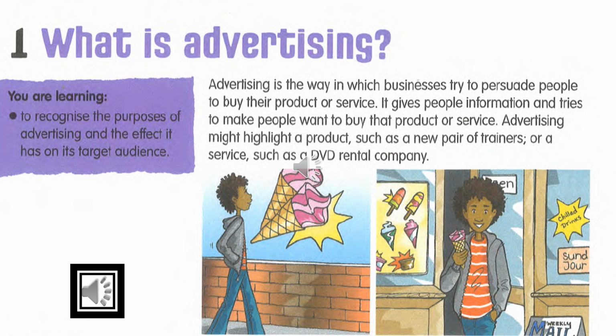Advertising might highlight a product such as a new pair of trainers or a service such as a DVD rental company. So you are learning, the first bullet point, to recognize the purposes of advertising and the effect it has on its target audience.